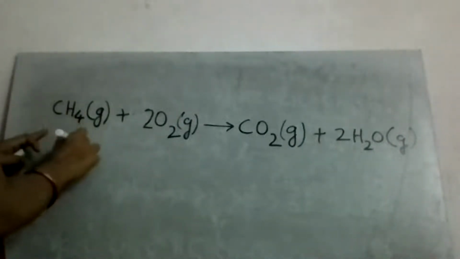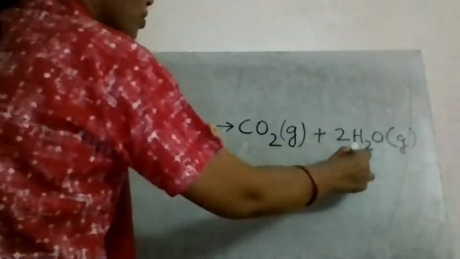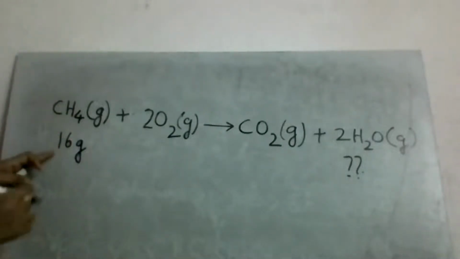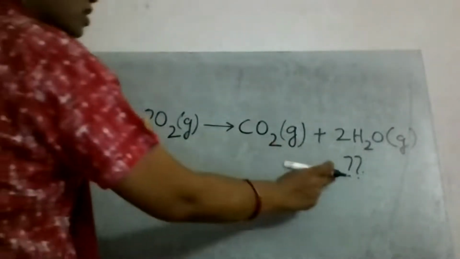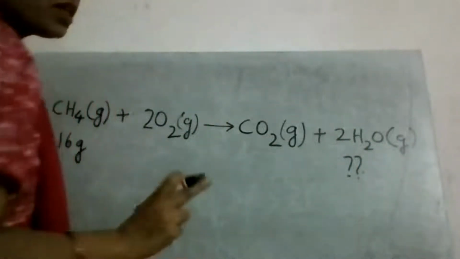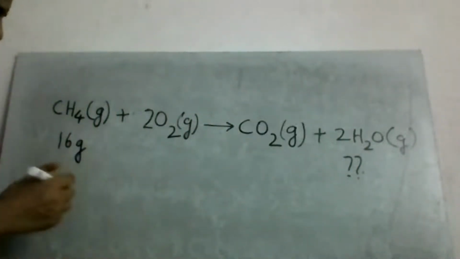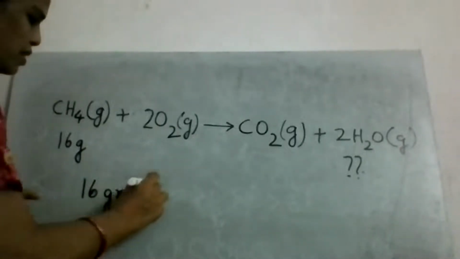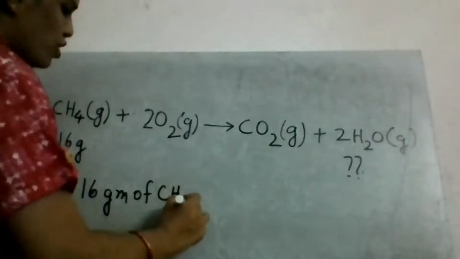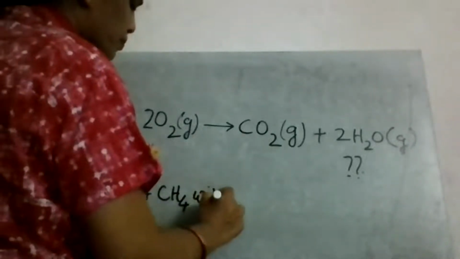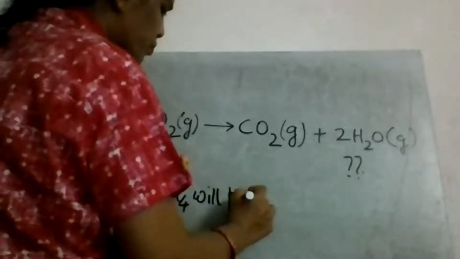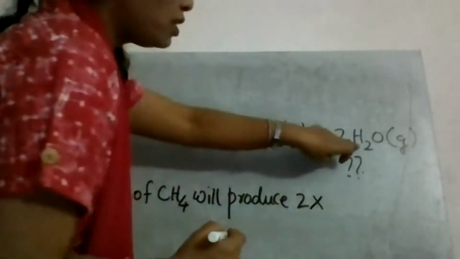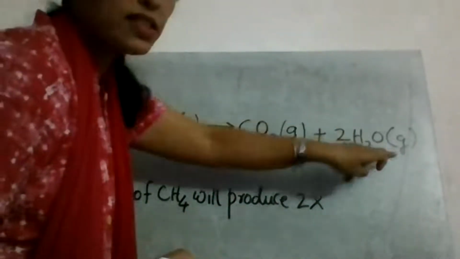16 grams of methane are given, and it's asked how many grams of water will be produced. So 16 grams will result in 2 moles of water, but it is asked to write it in grams. So 16 grams of methane will produce 2 into the molecular mass of water. You calculate: hydrogen is 1 into 2 plus 16.